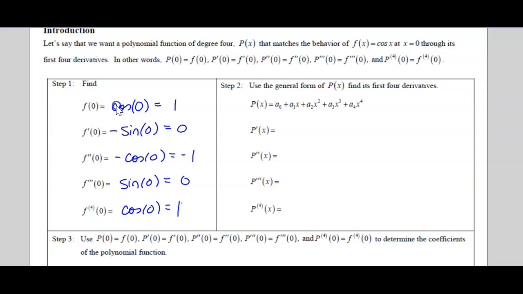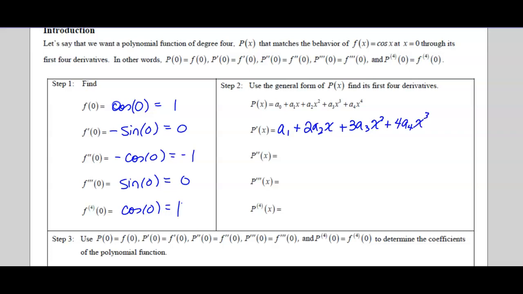So first, p of x is given with coefficients. That's what we have to find out. What are the coefficients of all of those terms, each of the degree terms? So I'm going to take the derivative of all of them and then substitute 0 in for x for all of them. So first derivative, first term goes away. Second one is just a1 plus 2a2x plus 3a3x squared plus 4a4x cubed.